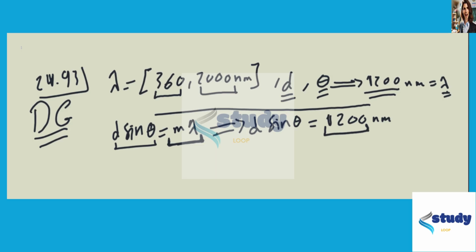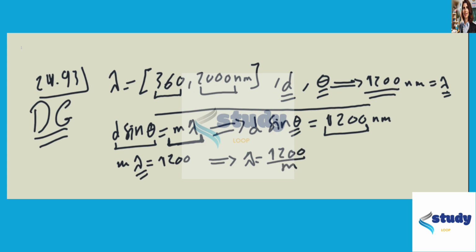Because m can only be an integer, m lambda should be 1200 nanometers in order for this lambda to be observed at the same theta. So lambda is 1200 over m.